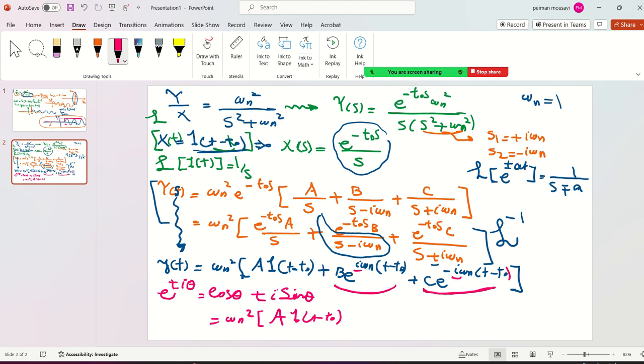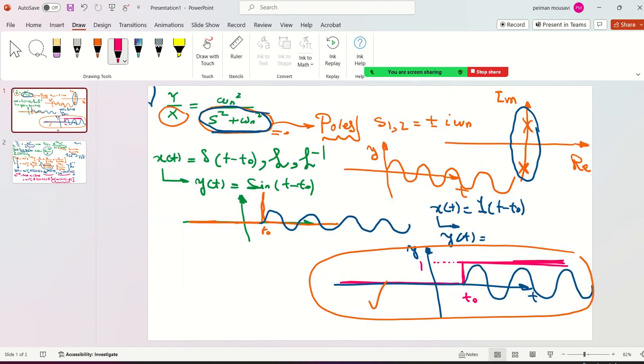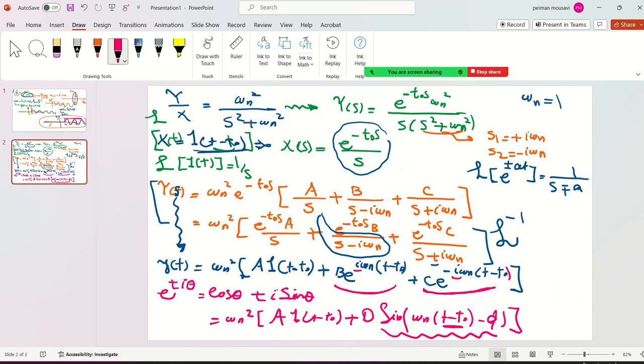You're going to get some d sine omega n, t minus t naught, minus some phase angle. So this comes from here, and has a delay, right?